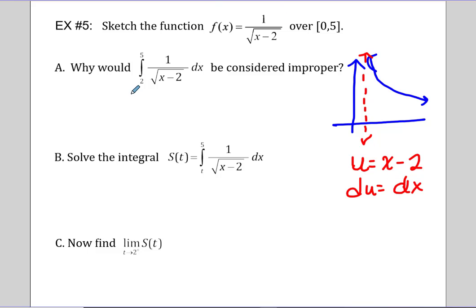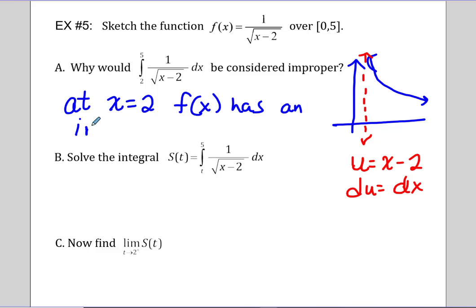So at x equals 2, this is one that has an infinite discontinuity. So we want to consider why we would start to look at 2 to 5 to be considered improper. That would be at x equals 2, f of x has an infinite discontinuity.